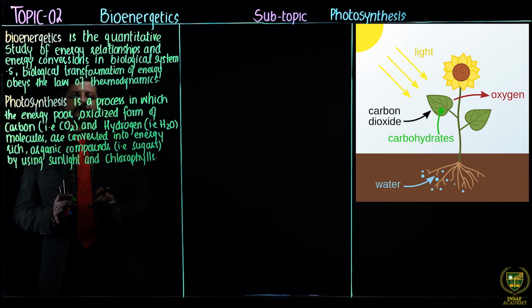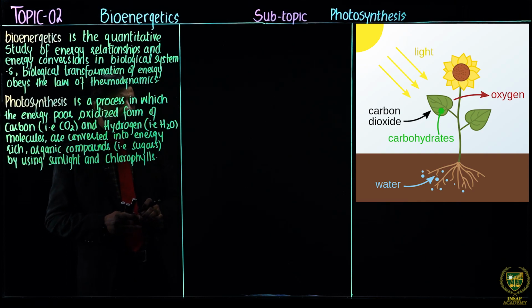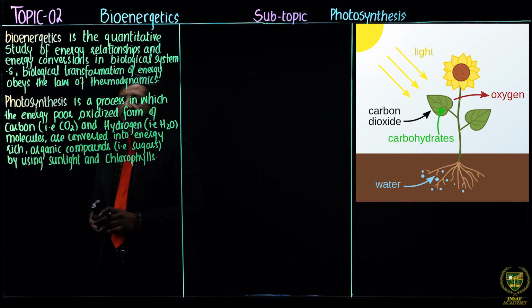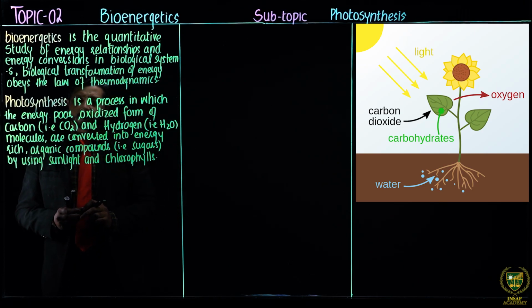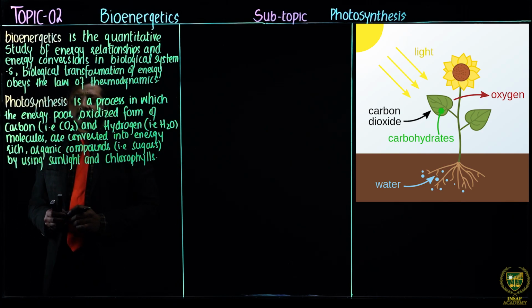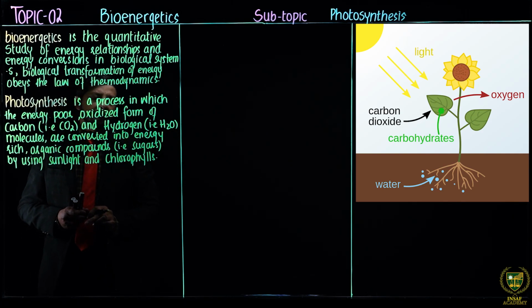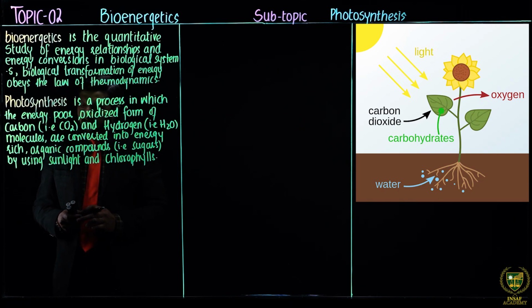So the energy-poor oxidized form of carbon, that is carbon dioxide, and the oxidized form of hydrogen, that is water molecules, are very poor as far as energy is concerned. So they are converted into energy-rich organic compounds, the sugars or carbohydrates, by using sunlight and the chlorophylls.